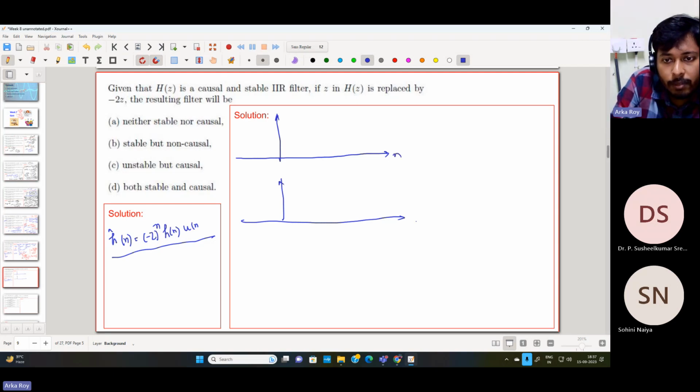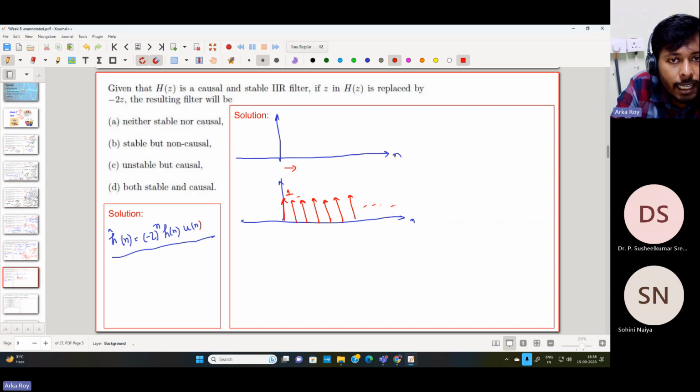The index variable is n, and we have u of n like this. We all know that the amplitude is unity, 1. And because we'll be moving towards this side, as we are multiplying with u of n, I will not bother about what is there in this particular region.